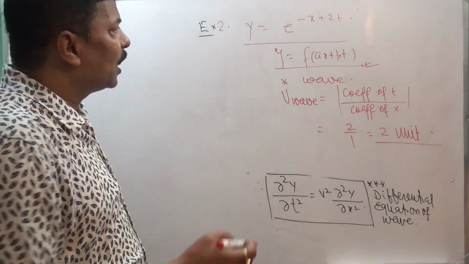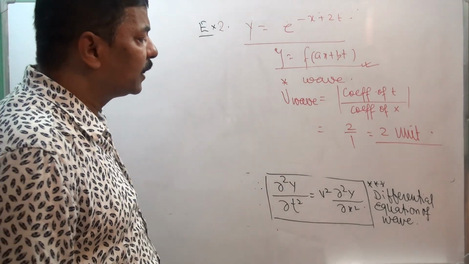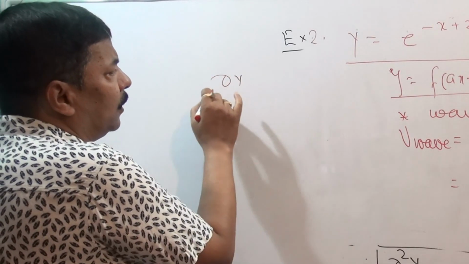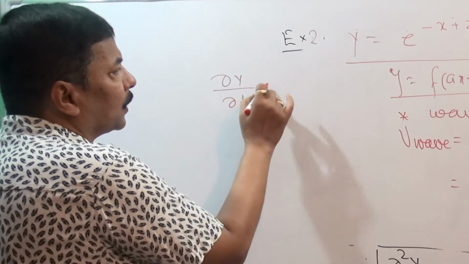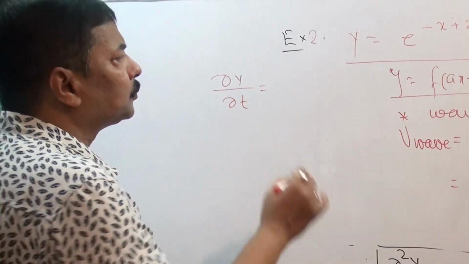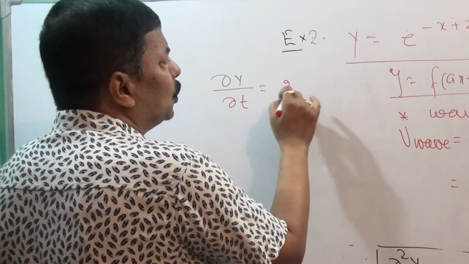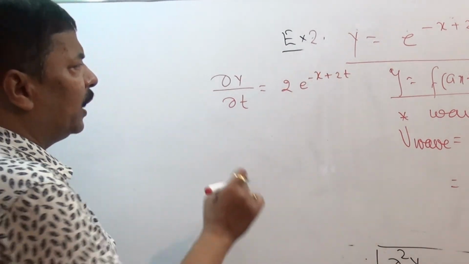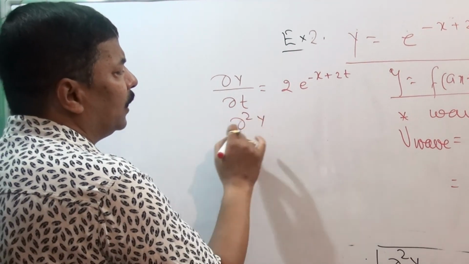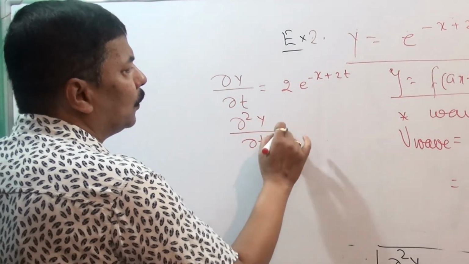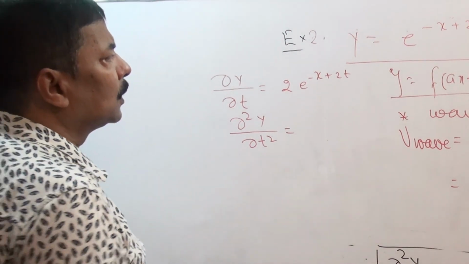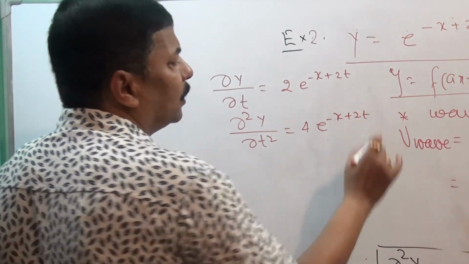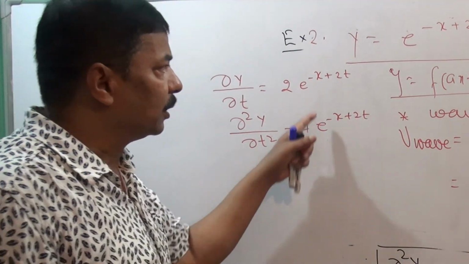So let us try to solve this by this relation, whether it is wave or not. See, del y by del t, if I differentiate e to the power minus x plus 2t gives 2 e to the power minus x plus 2t, and del 2y by del t2 we will get 4 e to the power minus x plus 2t. You should know carefully how I have differentiated.